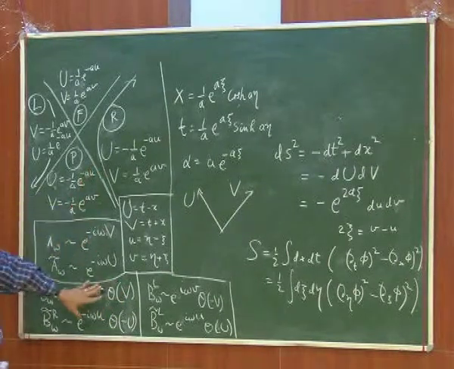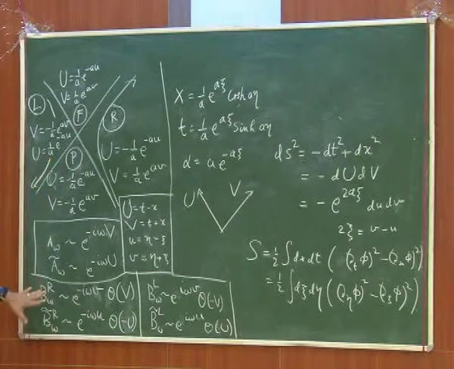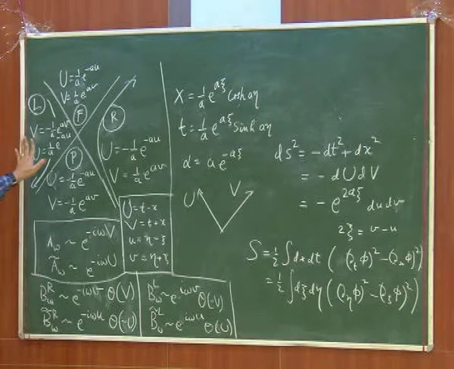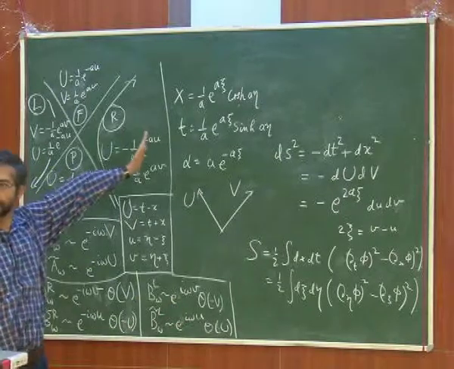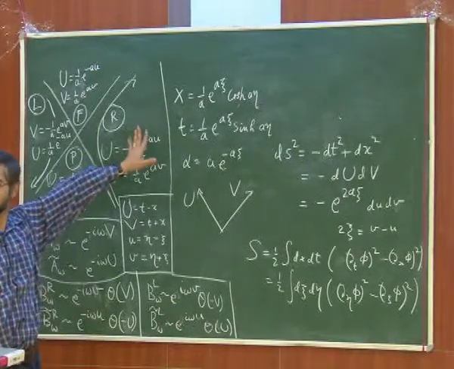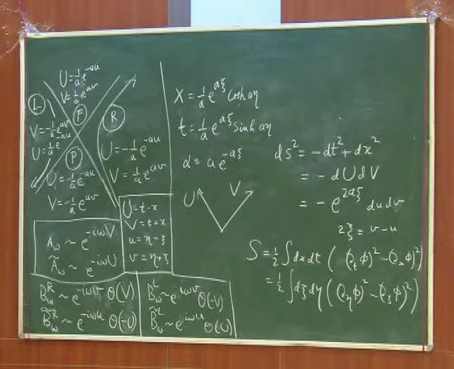And I'll extend this B R omega mode also to the left by saying that it is 0. Similarly, I'll define left modes which I'll extend to the right by saying that it is 0 on the right. So that's what these theta functions, the step functions, are doing here.